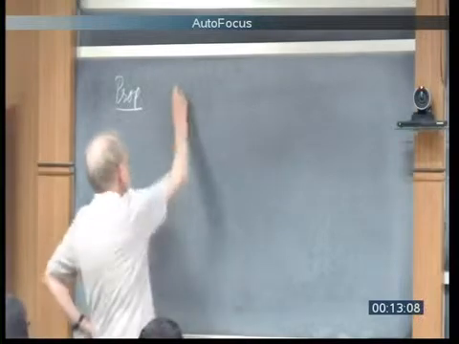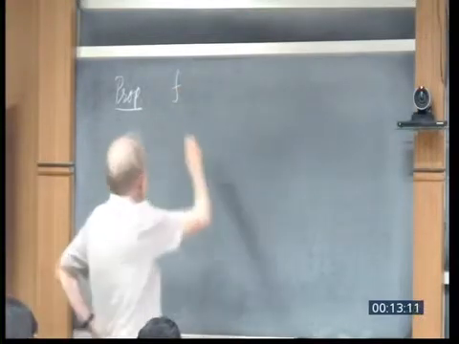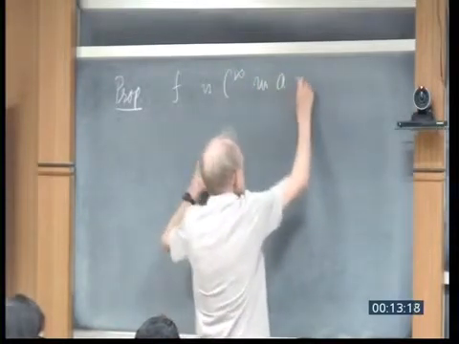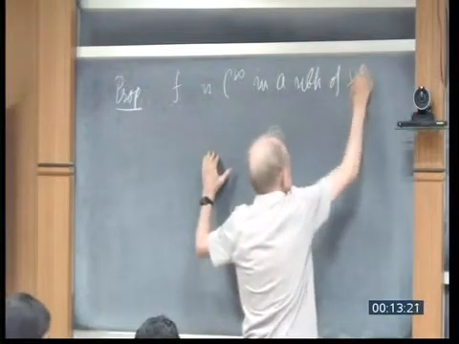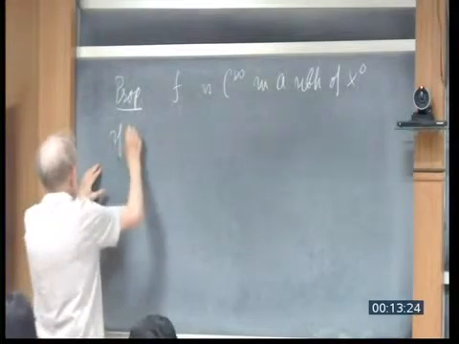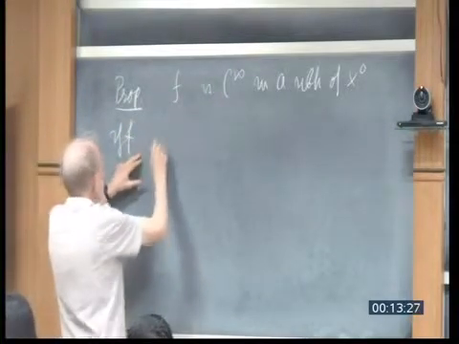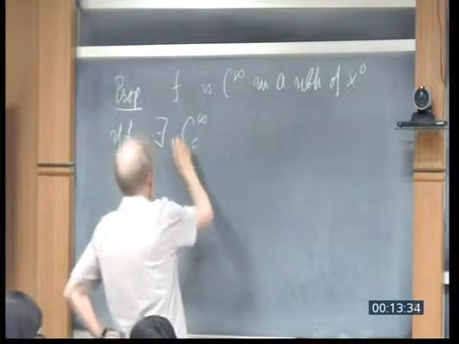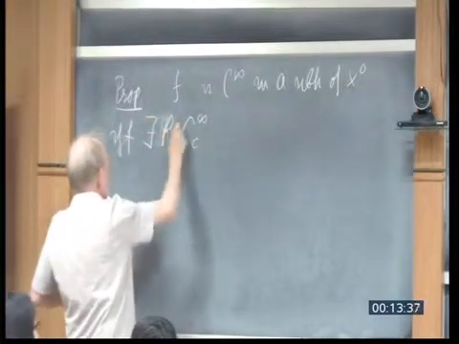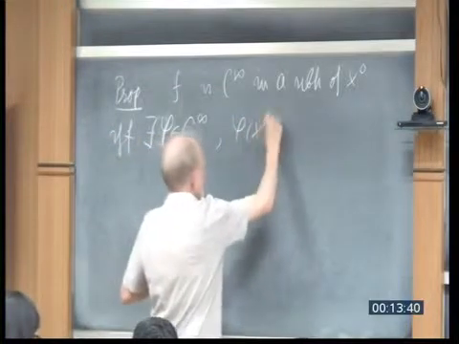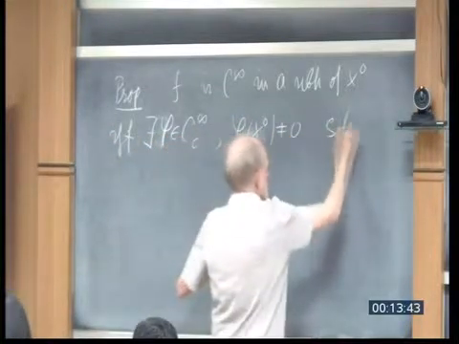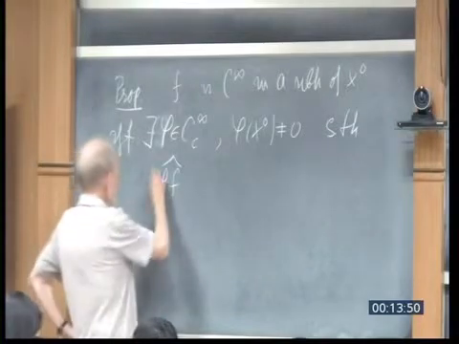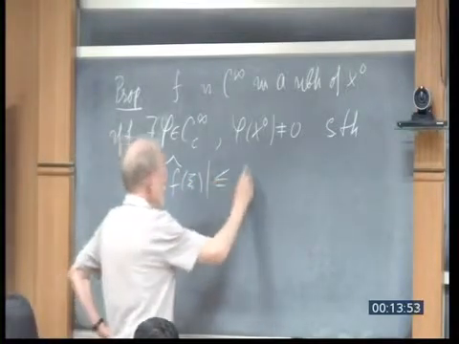A function or distribution f in Rn is C infinity in some neighborhood of the point x0 if and only if there exists a C infinity function phi with compact support, which is different from 0 at that point, such that the Fourier transform of the product phi f decays very rapidly.